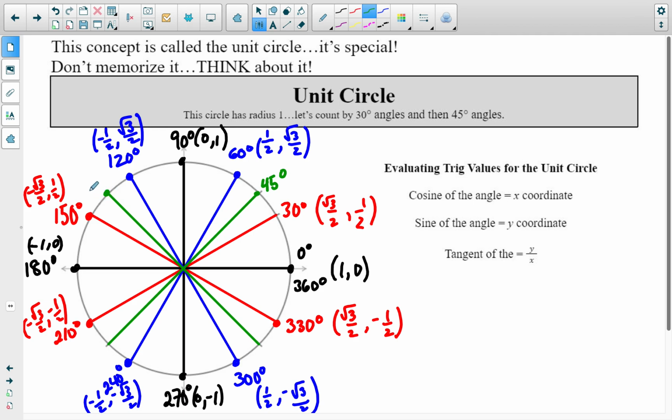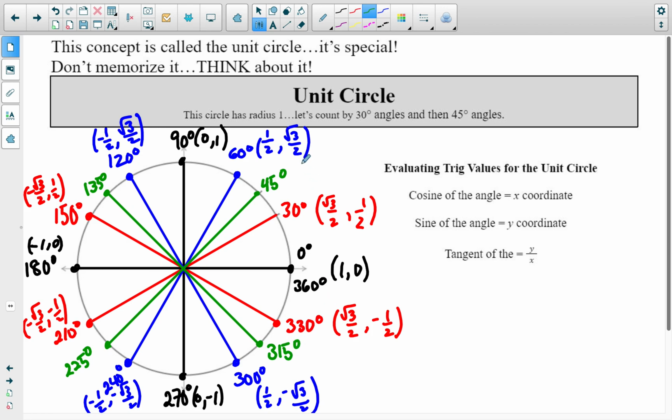Okay, 45 plus 90 will give you 135. And then 45 plus 180 will give us 225. And then 135 plus 180 will give us 315.